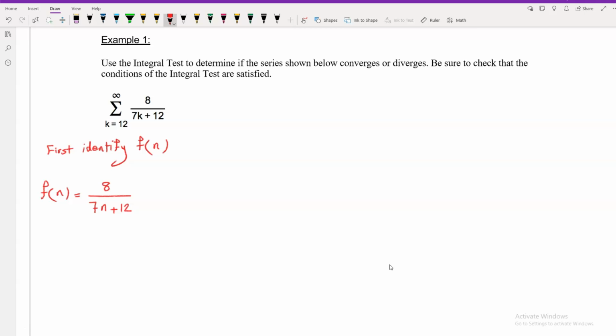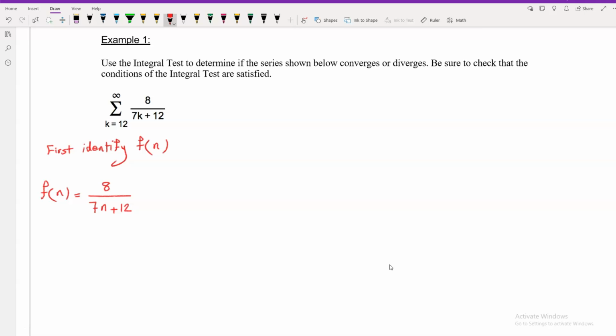Suppose that a sub n equals f of n, where f is a continuous, positive, decreasing function of x for all x greater than or equal to n, and n is a positive integer. Then the series sum of a sub n from uppercase N to infinity and the integral of f of x dx from uppercase N to infinity both converge or both diverge. So this is what we had for the integral test.